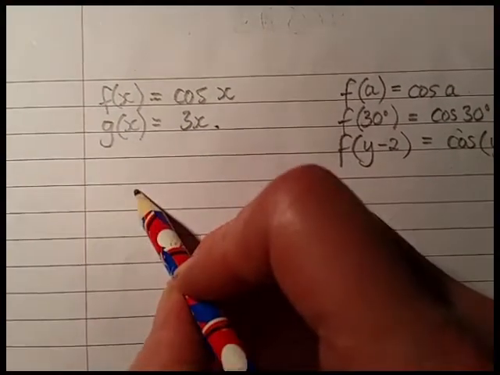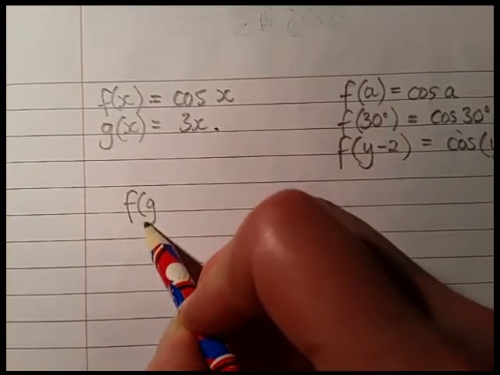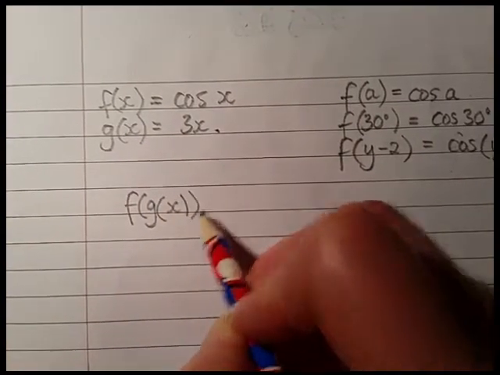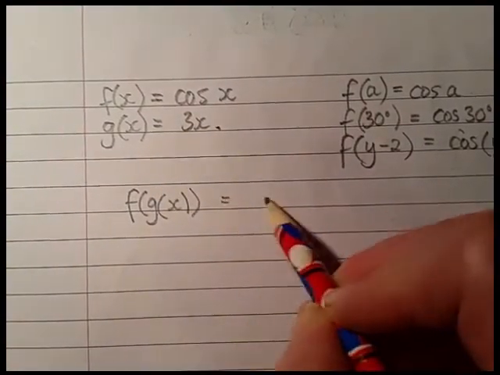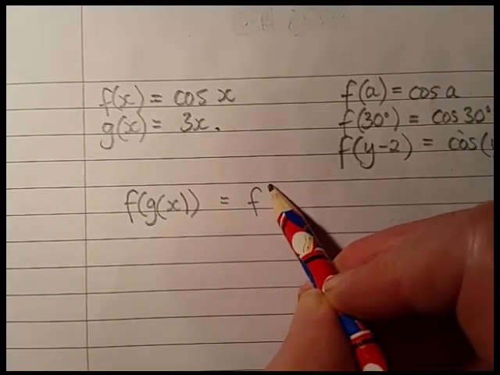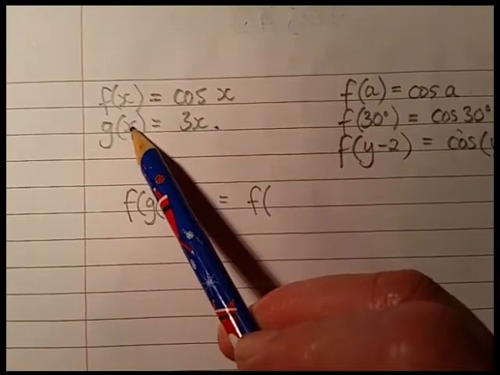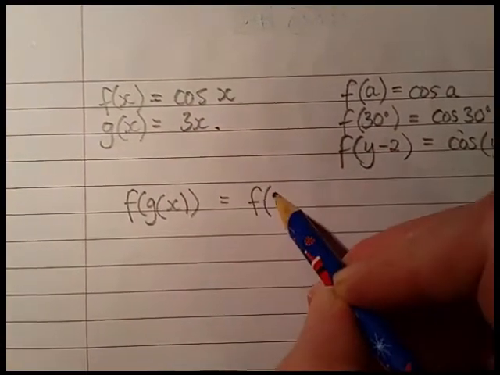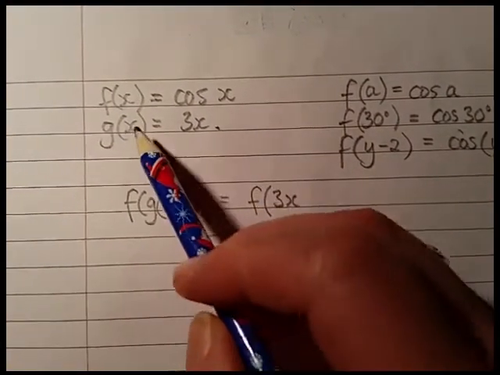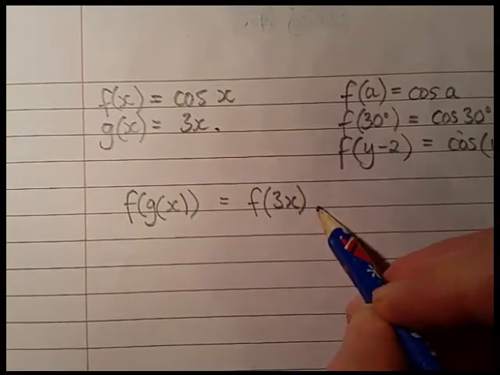So let's have a look at what f of g of x would be. We are taking f of g of x. Now, what is g of x? Well, g of x is 3x. If we put x into there, we get that.